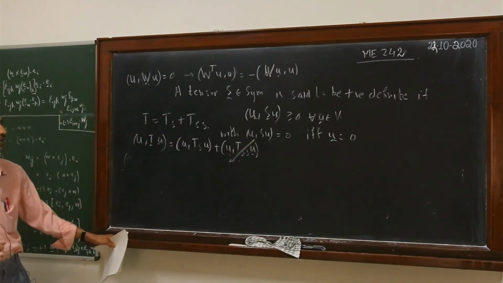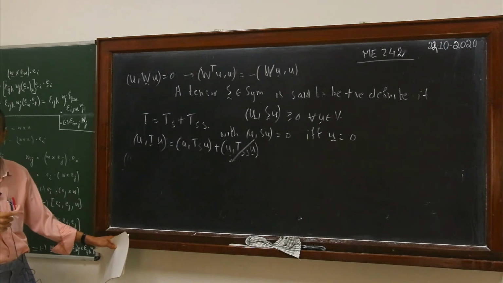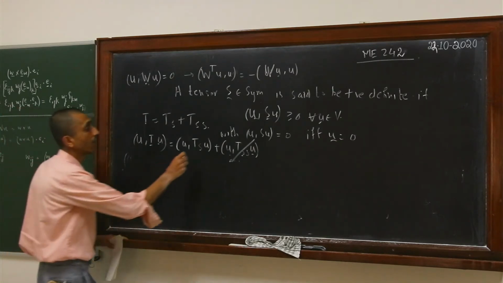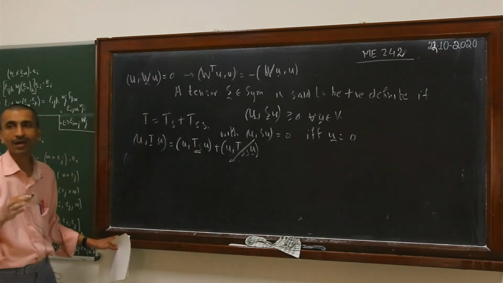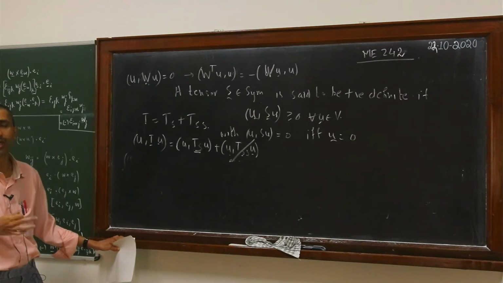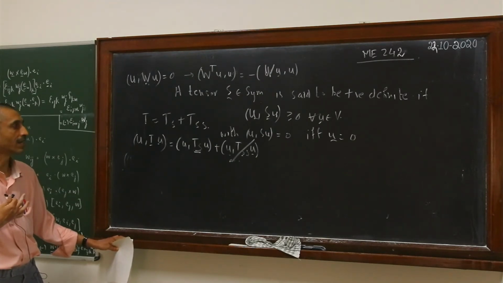So you can see from this that even if I consider an arbitrary tensor, the positive definiteness is decided only by its symmetric part. The anti-symmetric part plays no role in deciding whether a tensor is positive definite or not.